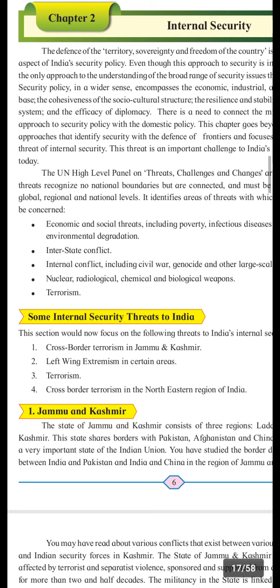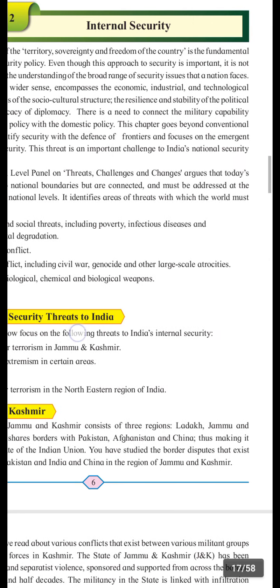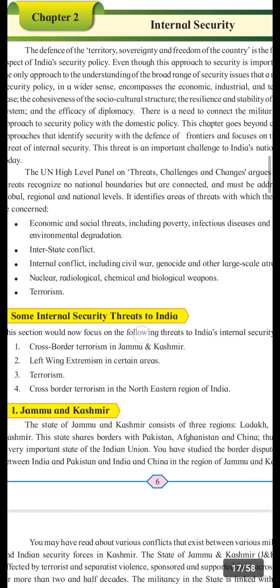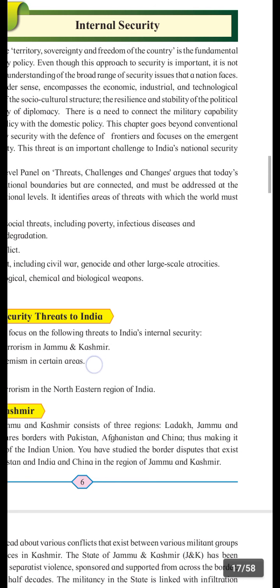Now first, cross-border terrorism in Jammu and Kashmir. The state of Jammu and Kashmir consists of three regions: Ladakh, Jammu and Kashmir. This state shares its border with Pakistan, Afghanistan and China.